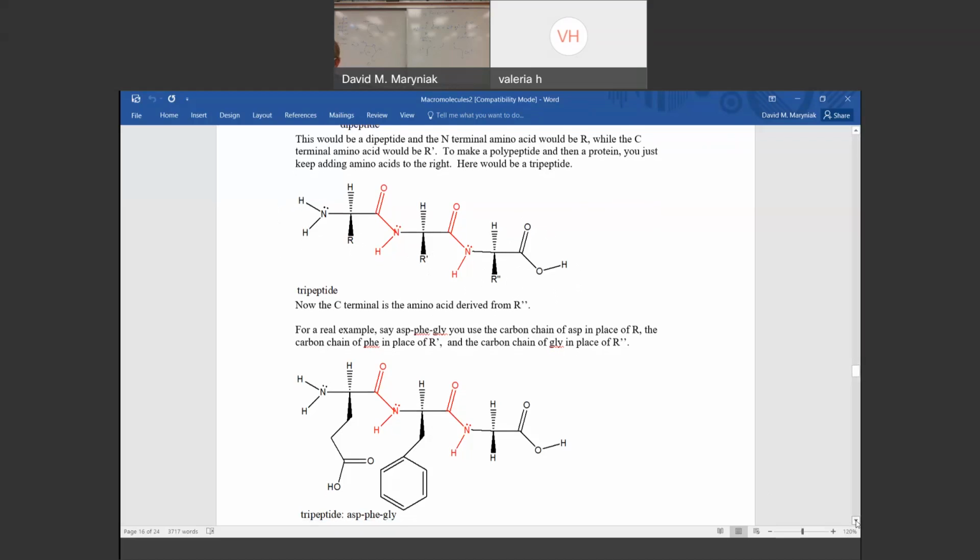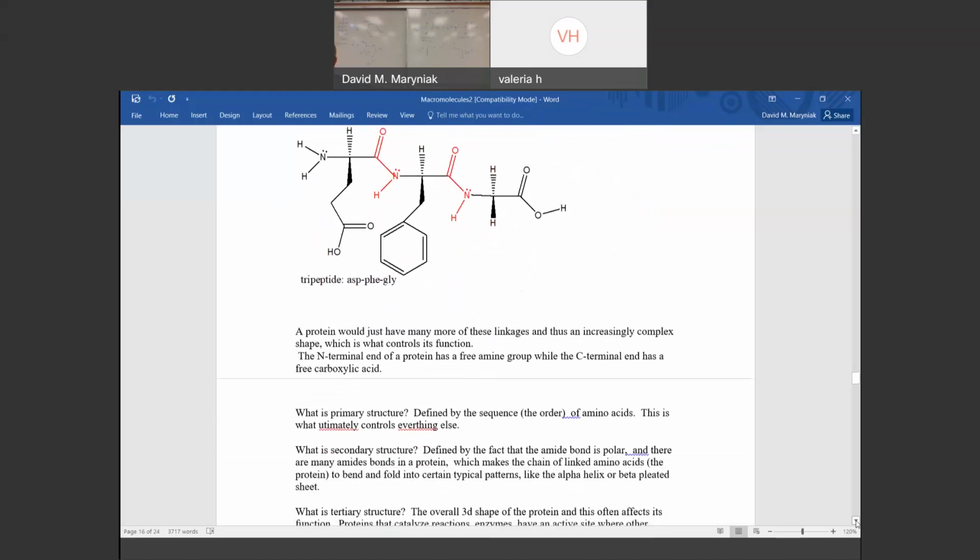So now if I put some specifics together, if I look at this tripeptide, this is the R group which is the first amino acid in the chain. This is the R group of the second. This is the R group of the third.